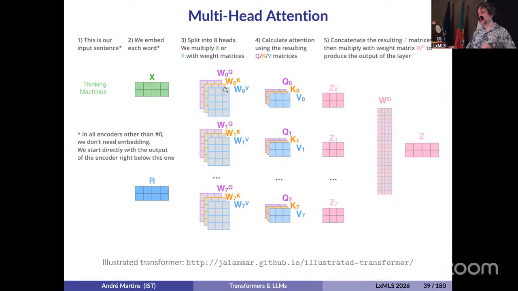By doing these projections, we obtain triples of queries, keys, and values for each of the channels. By doing the similarity and the softmax and the weighted average with the values, you are going to obtain representations Z0, Z1, up to Z7, like 8 different representations, 1 for each head.